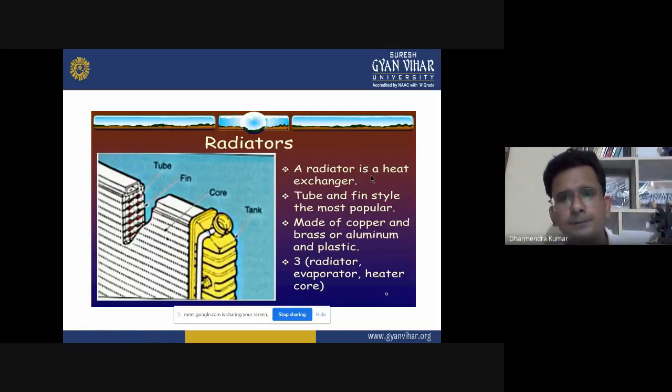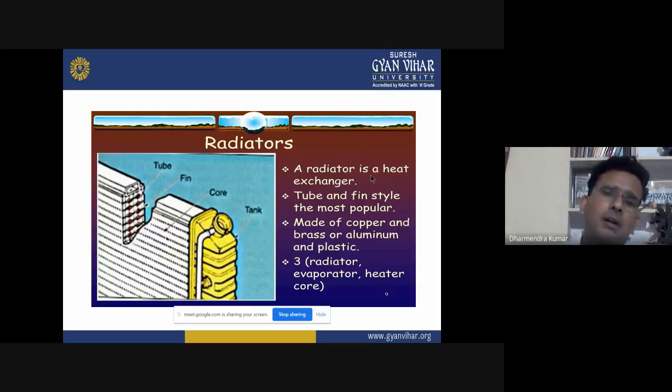The tube and fin style is the most popular, made of copper and brass or aluminum and plastic. A multiple choice question may ask which material is used for making a radiator. Then surely it would be copper.